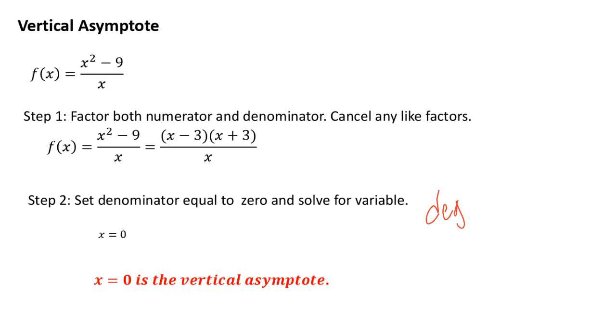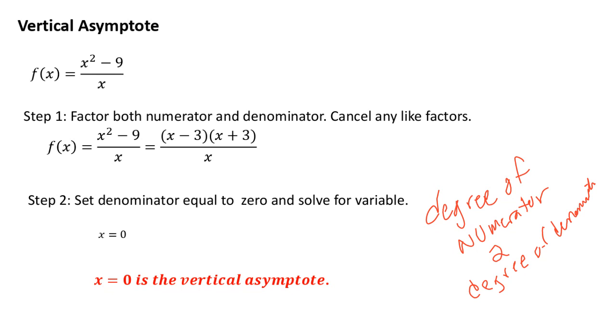What is the degree of the numerator? 2. Okay, Rachel says 2, and that's correct. And what's the degree of the denominator? 1. Okay, that's correct. So now, is the degree of the numerator less than the degree of the denominator, or is it greater than or equal to?